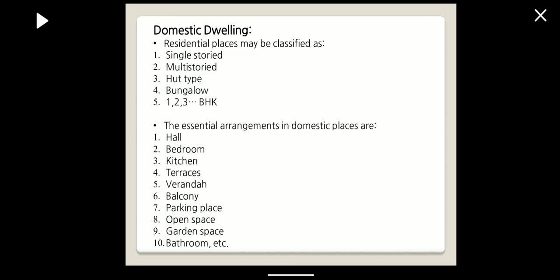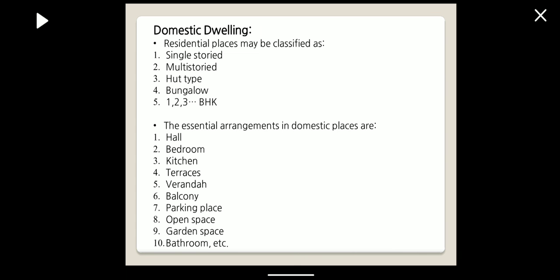Then domestic dwellings. Residential places may be classified as single storey, multi-storey, hut type, bungalow, 1 BHK, 2 BHK, 3 BHK. So these are the different residential places.